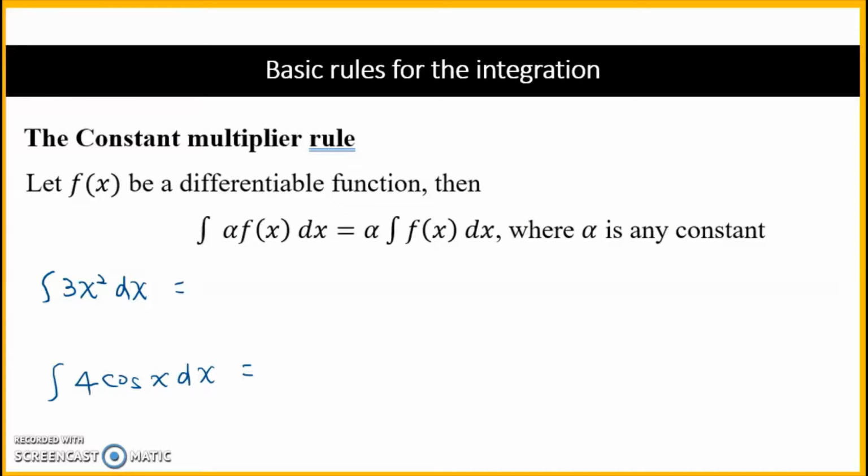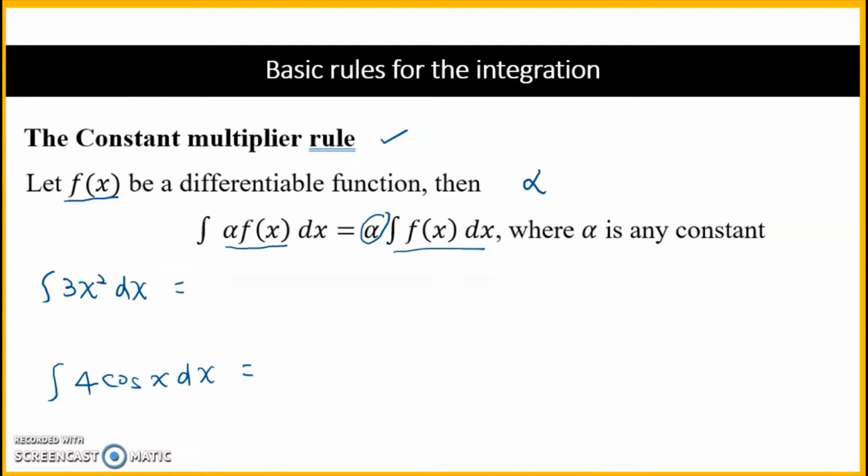Now we will look at the basic rules for integration. The first one, the constant multiplier rule. If a constant, let's say alpha, is multiplied to a differentiable function f of x, then to integrate alpha f of x, we can take the alpha out and multiply it with the integration of f of x.